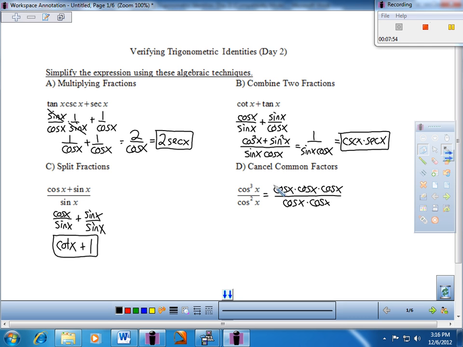Our terms have to be separated by multiplication and multiplication only, and so they are. And so the cosines can go. Same here, only separated by multiplication, so those are what are called common factors, one in the numerator, one in the denominator. And as a result, and I think you sort of knew this going into this particular expression, this would be cosine of x. So cosine cubed over cosine squared is cosine.